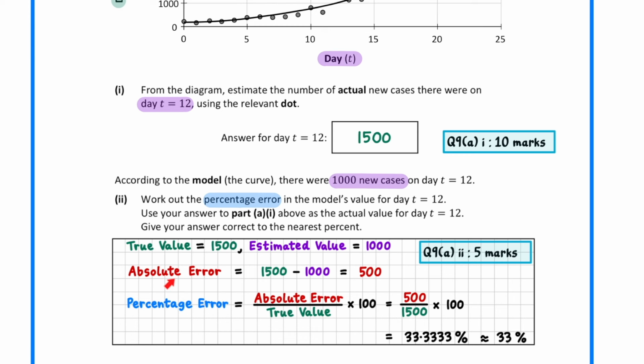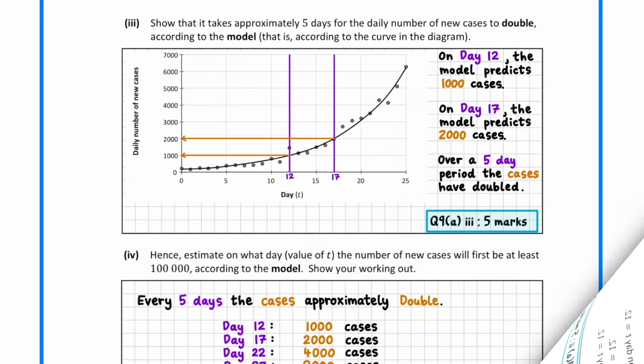The absolute error will be the difference between these two numbers, which is 500. The percentage error is found by taking the absolute error, 500, dividing by the true value, 1,500, and then multiplying by 100. Performing the calculation and rounding to the nearest percent gives us a final answer of 33%.